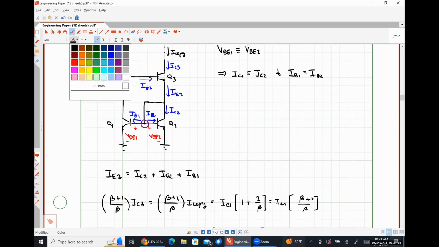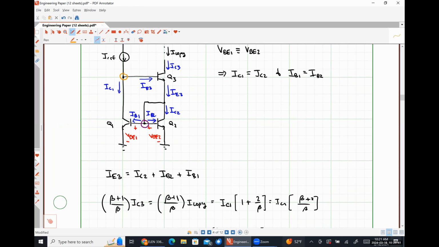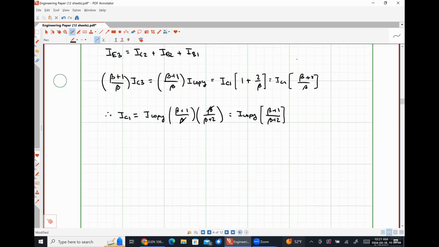Now we apply KCL at this node, we wind up getting IREF is equal to IC1 plus IB3.